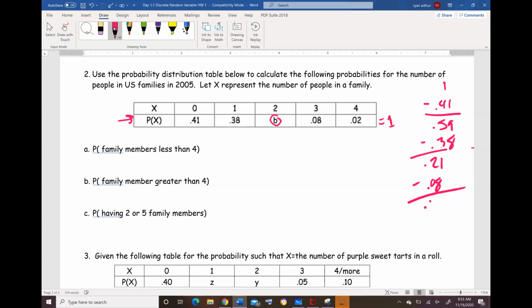And I get 0.13, and then subtract 0.02, and you get 0.11. So B is actually 0.11. Okay, so they all add up to 1. That is the biggest thing you need to know.